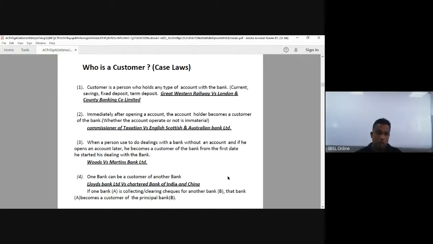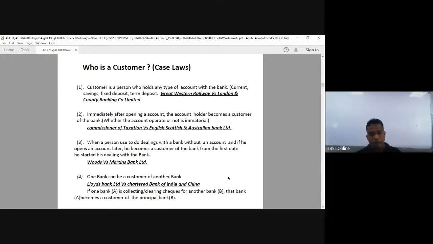Case number one: Great Western Railway versus London and County Banking Company Limited. If you can't remember the entire name of the case, at least remember it as the Great Western Railway case.